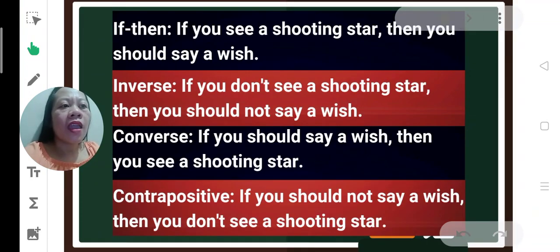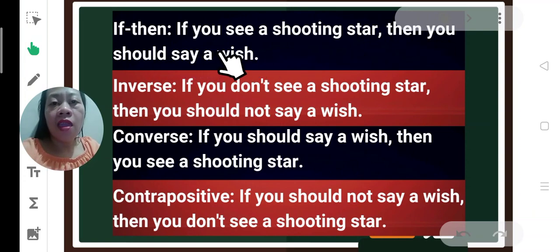Another example. Suppose this is our original statement, or the if-then statement: If you see a shooting star, then you should say a wish. So this is our belief, right?